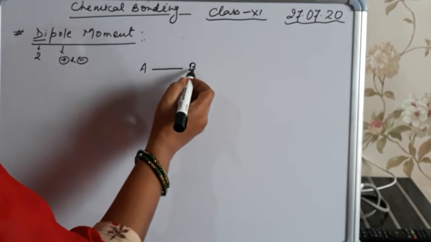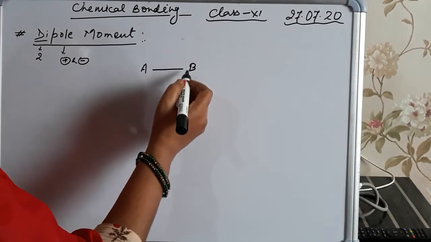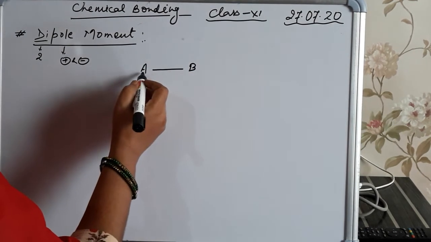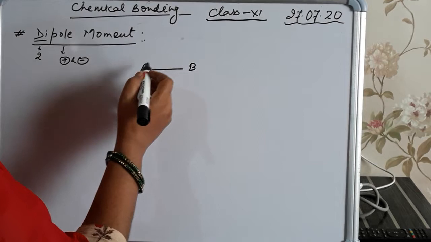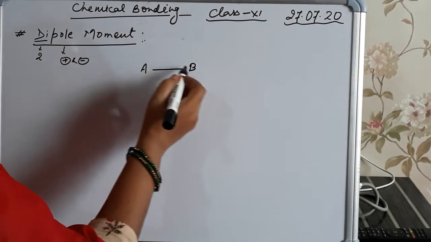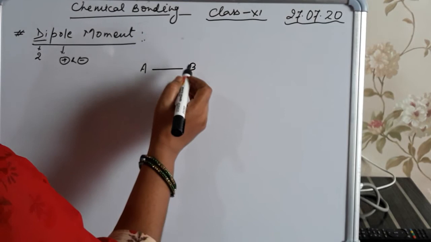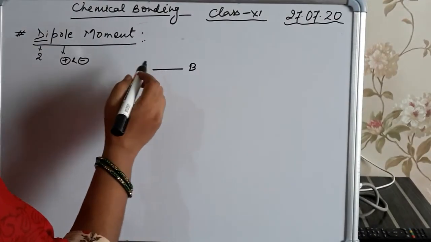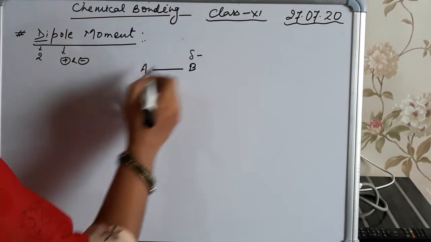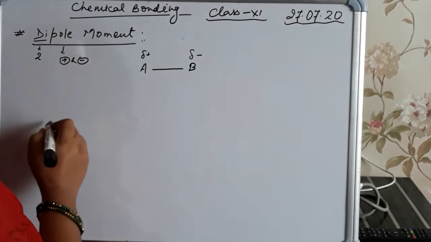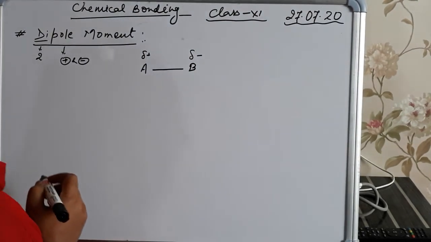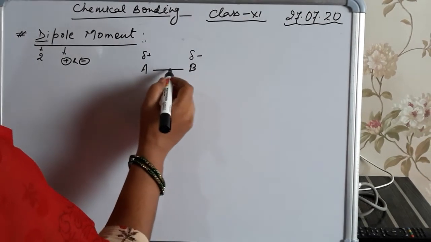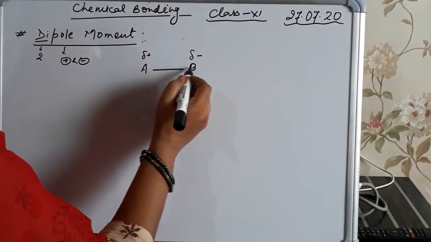Suppose the B atom is more electronegative than A. So there will be an electronegativity difference, and B acquires a negative charge and A acquires a positive charge. In that condition, the shared paired electrons shift towards B.